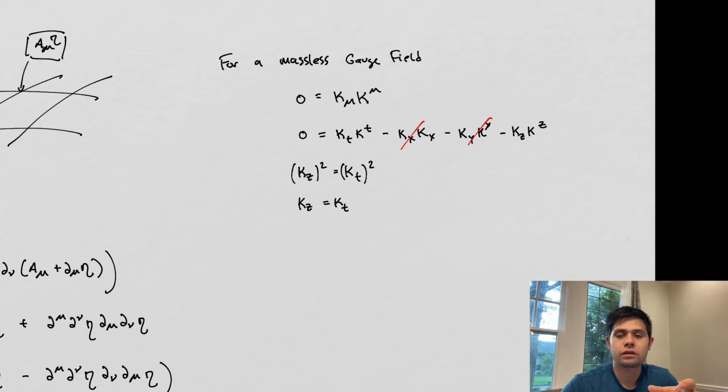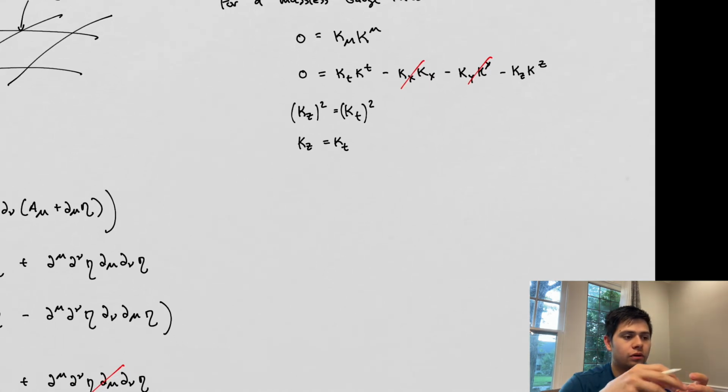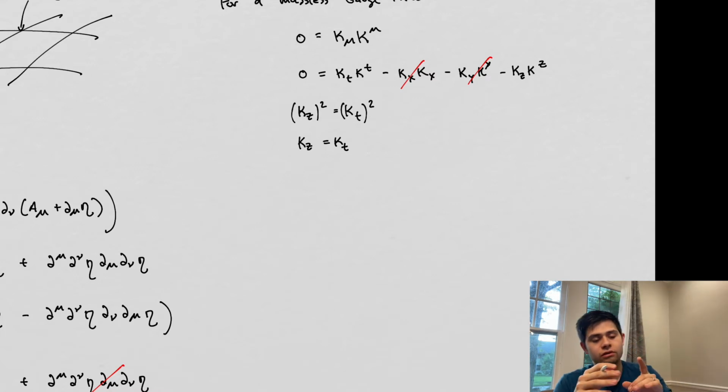And this can also be important to know, because for this massless gauge field, if we're picturing this in our heads, this means we have the momentum of our particle that's described, of our photon, for example. Photons are massless, they're described by a gauge field.